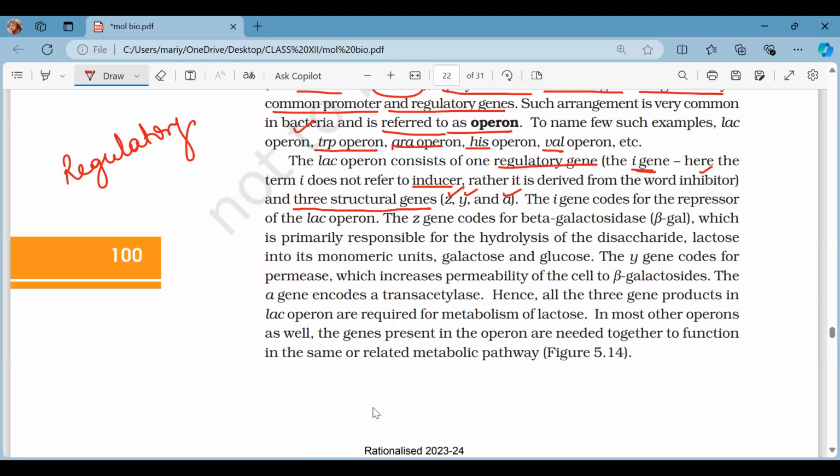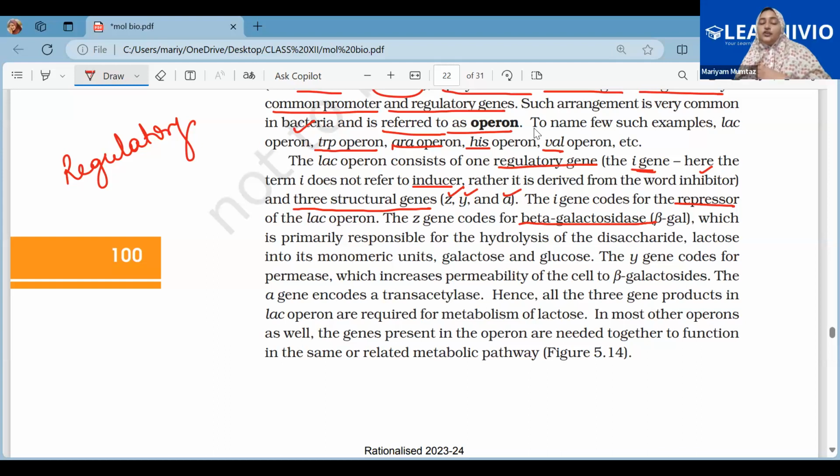Now, every gene codes for something. The I gene codes for the repressor of the lac operon, meaning if the I gene synthesizes its product, then the entire lac operon process will get repressed. It will get stopped. The Z gene codes for beta galactosidase.